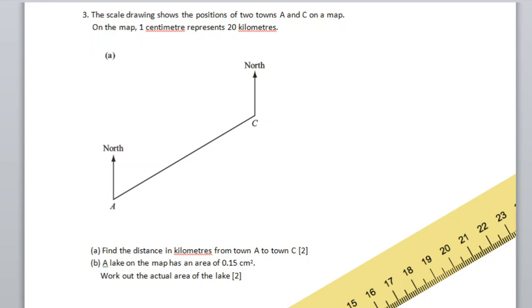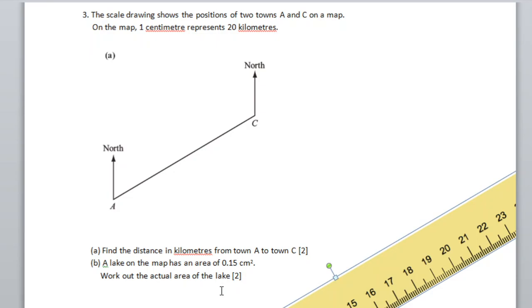Question number 3. There is a line missing from the worksheet, so just grab a scale and make a 7.5 centimeter line AC on the worksheet for part A. The scale drawing shows the positions of 2 towns, A and C, on a map. On the map, 1 centimeter represents 20 kilometers.